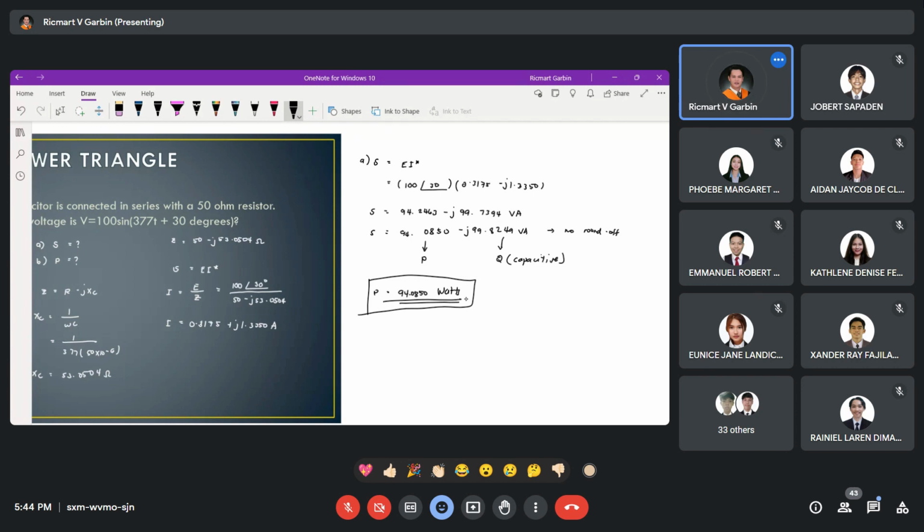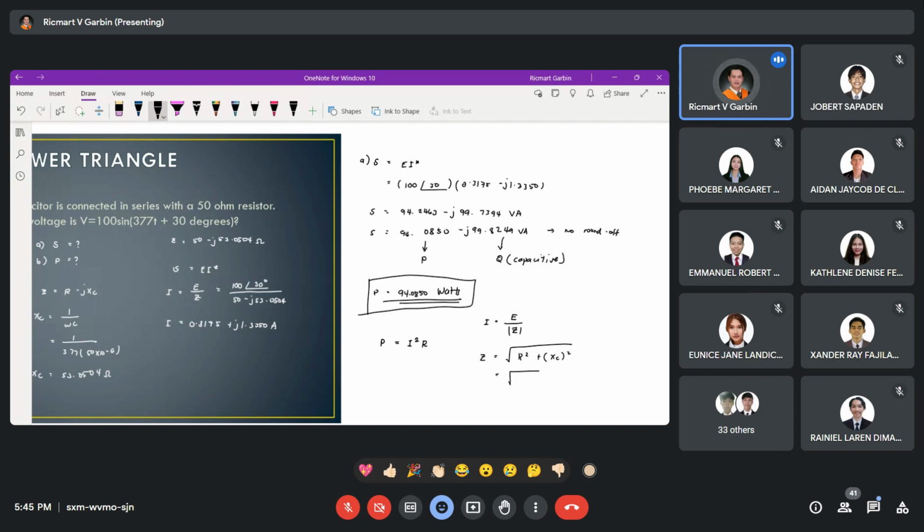Halimbawa, ang power, kasi real yan, pwede siyang gawing I squared times R. Para makuha natin yung current, kukuhanin natin yung kanyang value sa magnitude ng ating voltage source divided by the impedance, so that is E over the magnitude of Z. Paano natin kukuhanin yung Z? Yung magnitude ng Z natin is the square root of R squared plus XC squared.